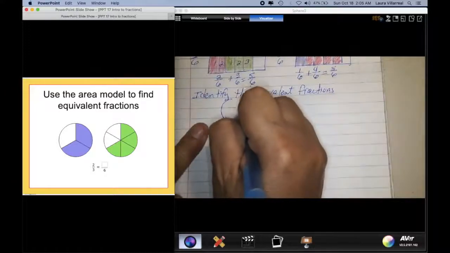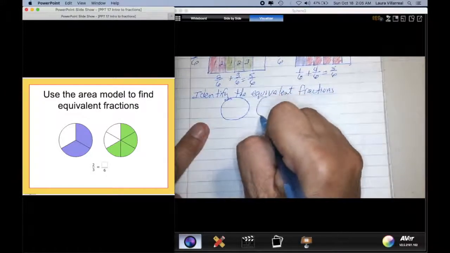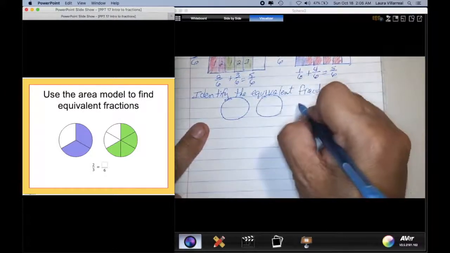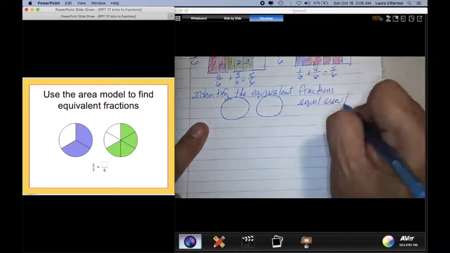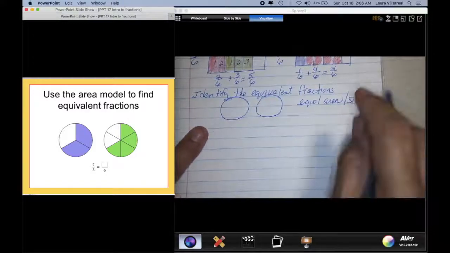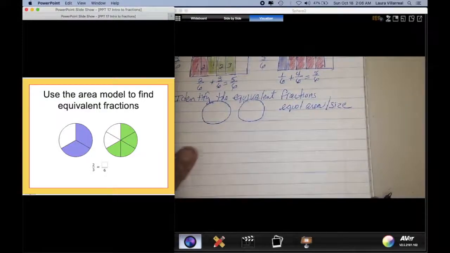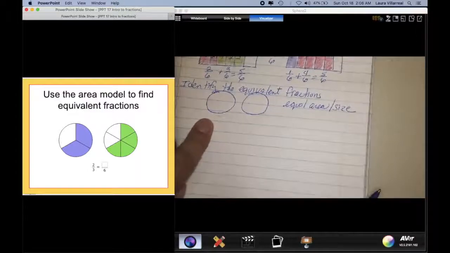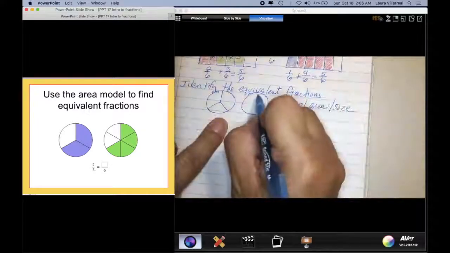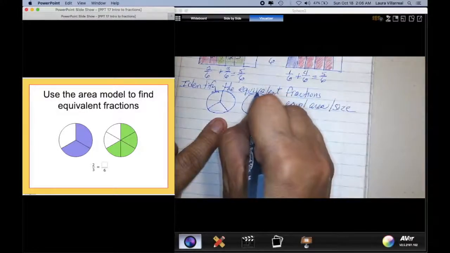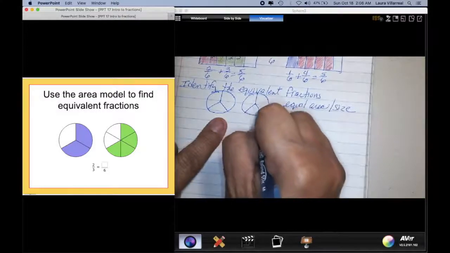Make sure, now here I'm comparing the two, so they must be the equal size. Equal area or equal size. Okay, so whenever I do thirds, I think of the peace sign. Let's try that over here.